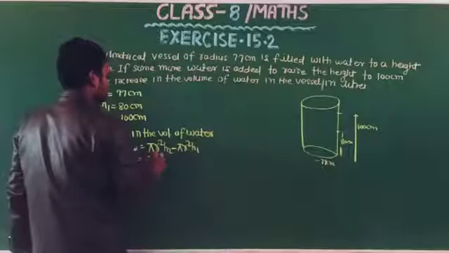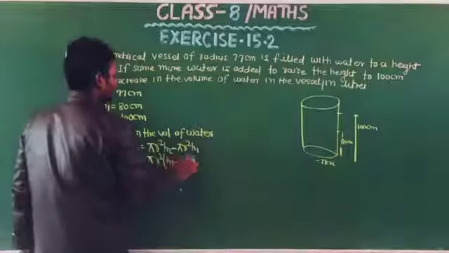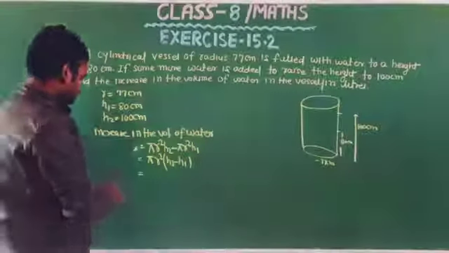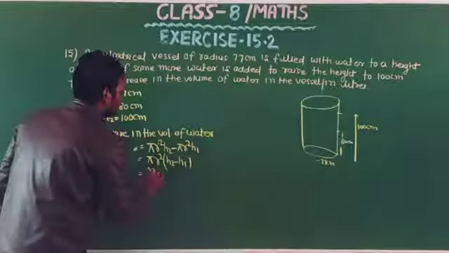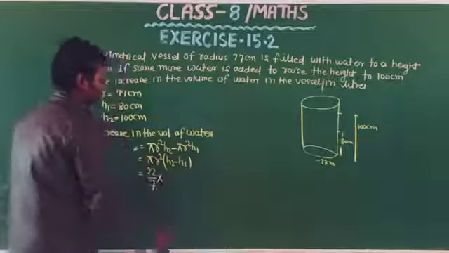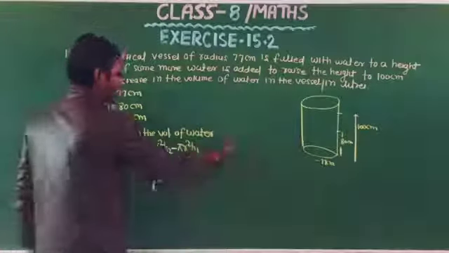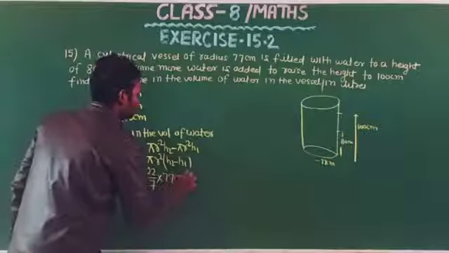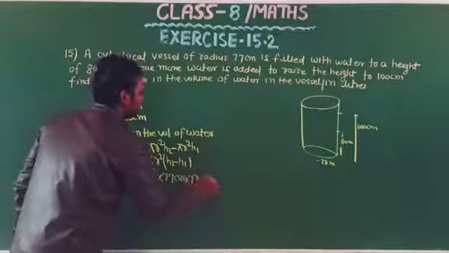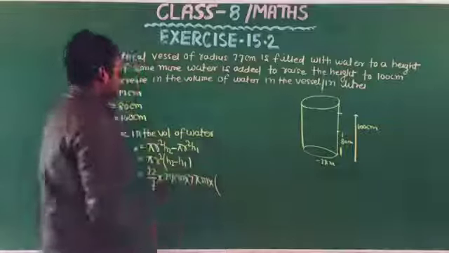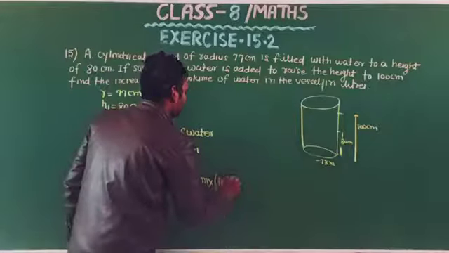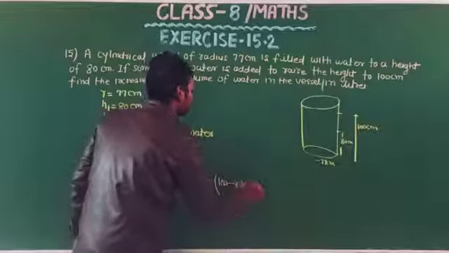Here pi r squared is common, so this is pi r squared into h2 minus h1. Now substituting the values: pi is 22/7, radius is 77 centimeter into 77 centimeter, and height is 100 minus 80 centimeter.